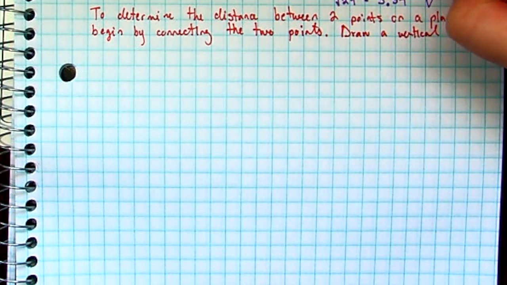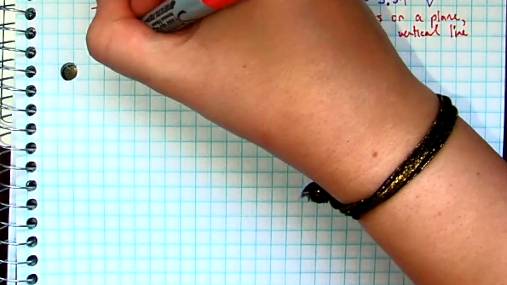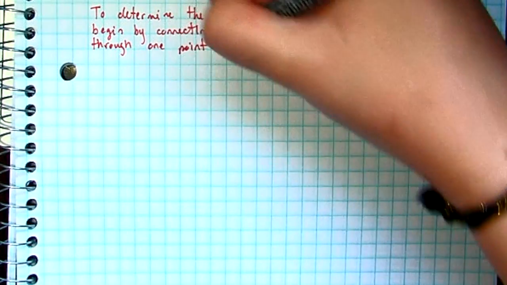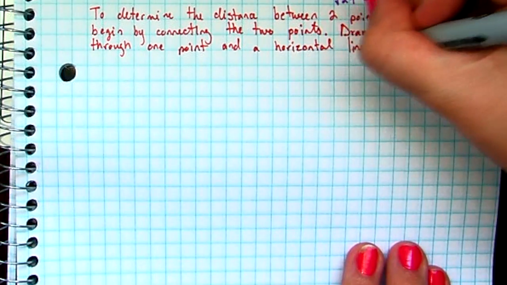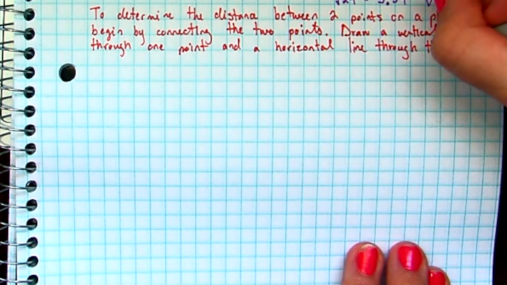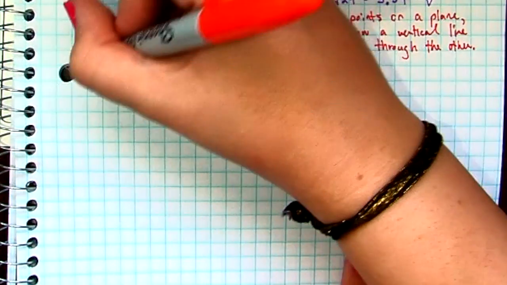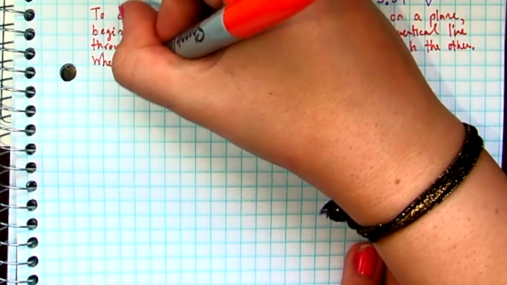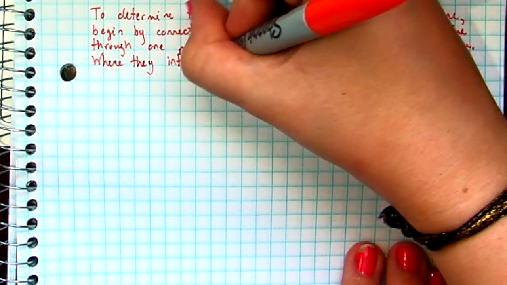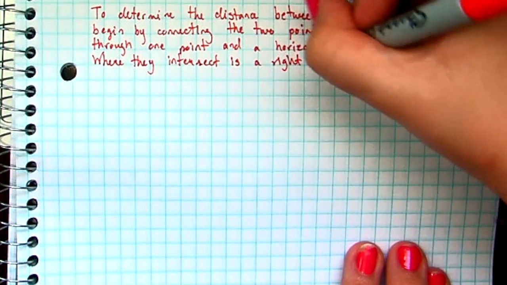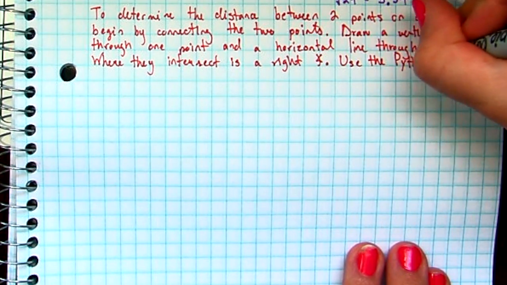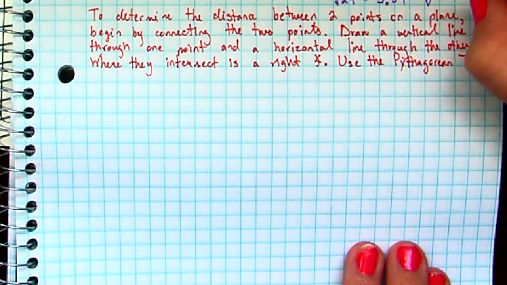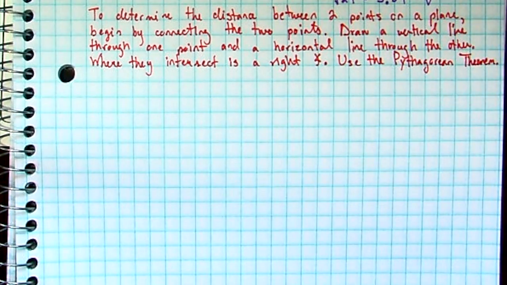Draw a vertical line through one of the points and a horizontal line through the second point. Where that vertical and horizontal line intersect is going to be a right angle. So that means I can use the Pythagorean theorem to solve for the distance between those 2 initial points, just like we did in the example above.